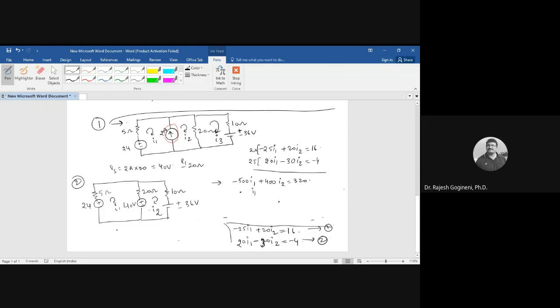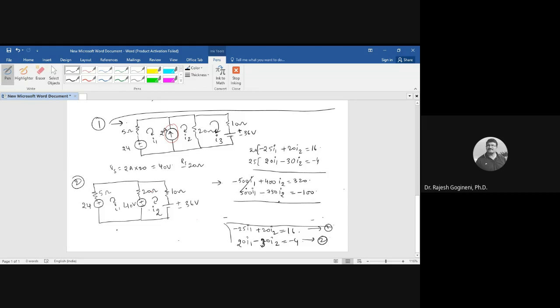Second one is 500 I1 minus 750 I2 is equal to minus 100, since 25 into 30 is 750.